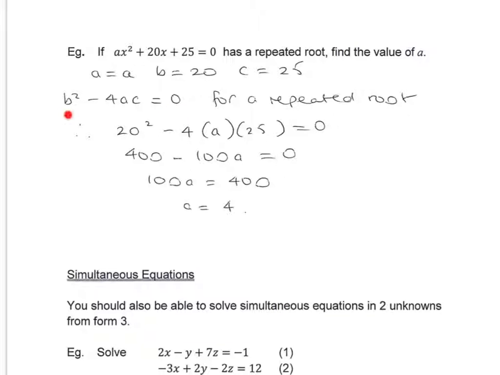So substituting our values into the discriminant, keeping a just as a, and setting it equal to 0: 20 squared minus 4 times a times 25 gives me 400 minus 100a equals 0. That's just a simple equation that we can solve. Adding the 100a to both sides to make it positive, then dividing by 100 gives me the value of the constant a to be 4.